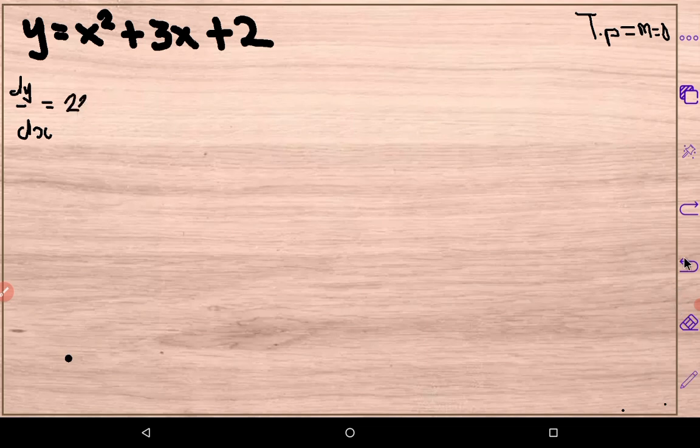Then you reduce the power by 1, so we can't put a 1 here, we'll just leave it. Then plus, and at this particular point, whenever x is raised to the power 1, you just drop down the x. So differentiating this will give us 2x plus 3.